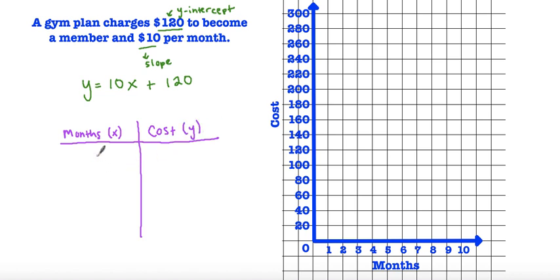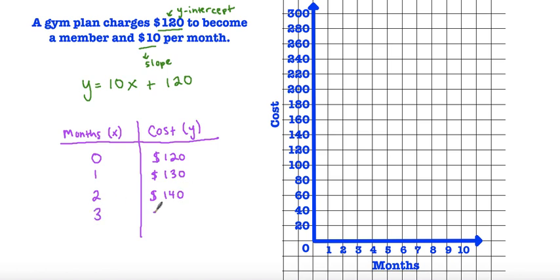And so at 0 months, be mindful that the plan would charge $120 because that's the initial fee. So even before any months pass by, it would cost $120. After 1 month, it would be an additional $10, so it would cost $130. And then after 2 months, another additional $10, so $140.